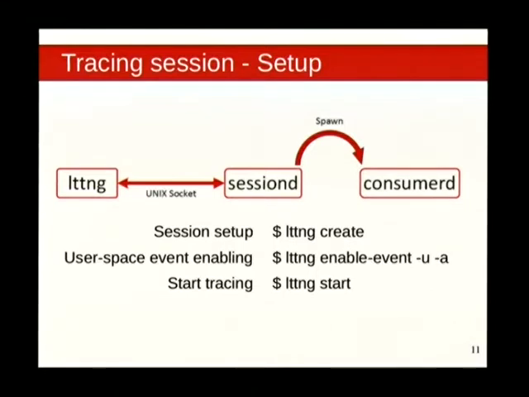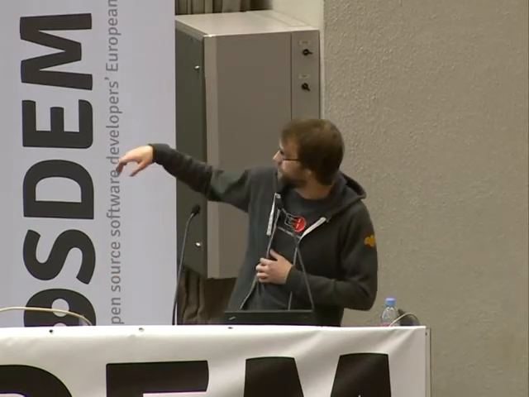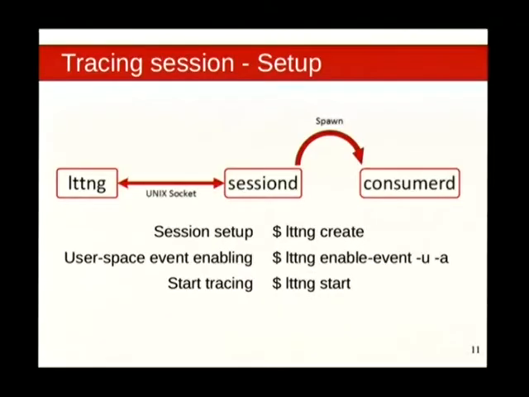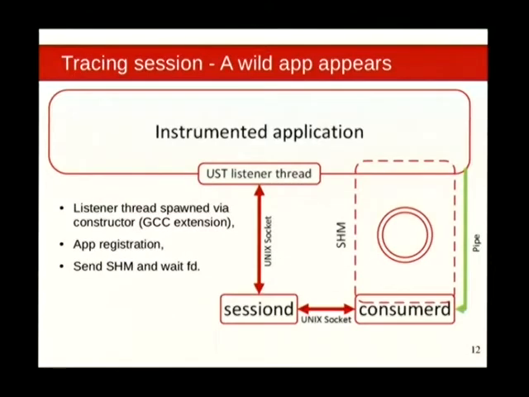With LTTng, the great thing is that if you have an instrumented application, you can list which applications you can trace. If you start your application on your machine, it's going to register to the session daemon. The session daemon will spawn a consumer, saying, all right, I'm going to consume your trace, I'm going to extract your trace, and that's it. It's pretty easy. Our consumer will create buffers and share them with the application.